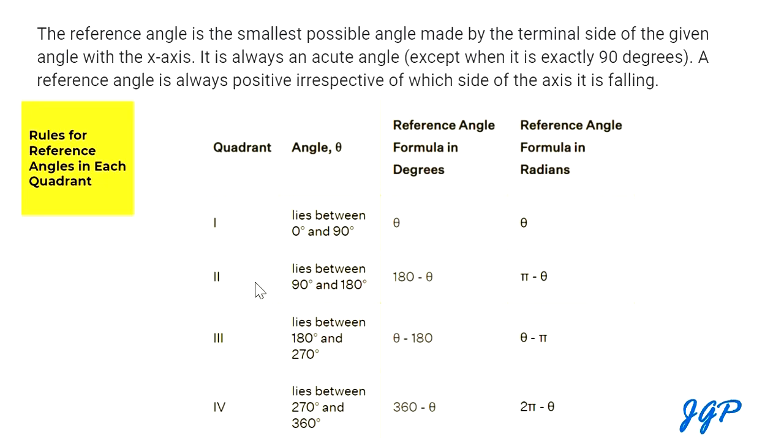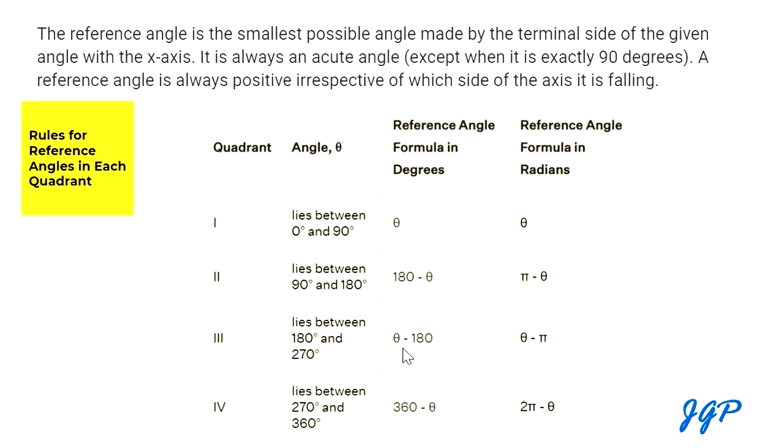In quadrant 2, the theta lies between 90 degrees and 180 degrees. And the formula for that is 180 degrees minus the theta. And in radian form naman, pinalitan lang natin yung 180 natin into pi. So parehas lang din yan sila. In quadrant 3, the theta lies between 180 degrees and 270 degrees. So meaning, for the formula, theta minus 180 degrees.